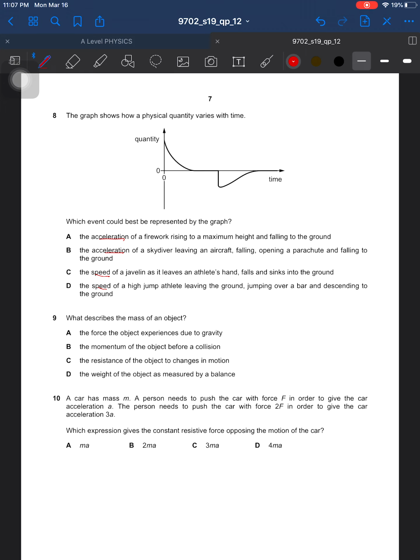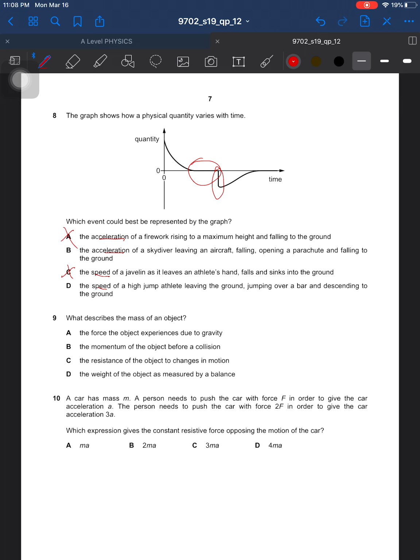Basically you have here where either the acceleration or the speed is 0, and then a vertical line, which tells you there is a switch for either acceleration or speed. Let's figure out what happened. Acceleration, firework at maximum height, falling to the ground. This is just free fall. So definitely not A. If it's speed, it's not going to look like this either.